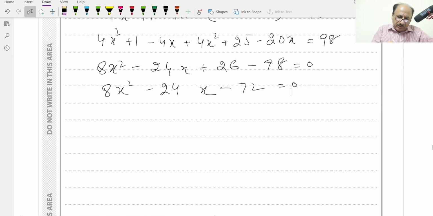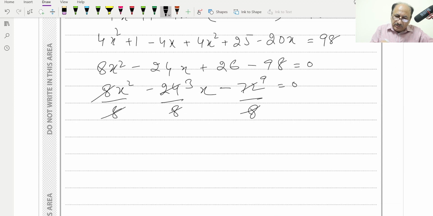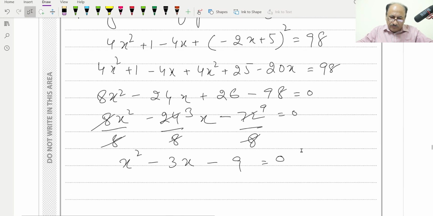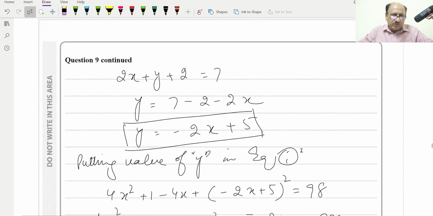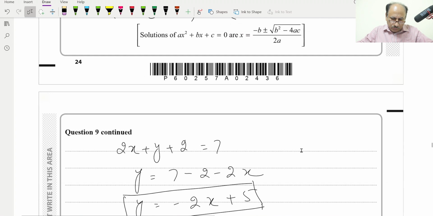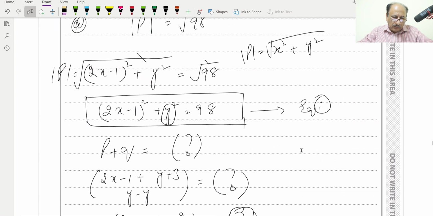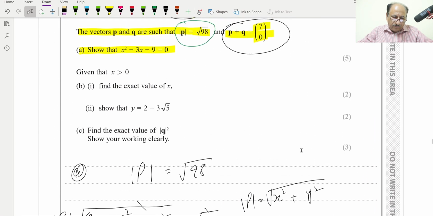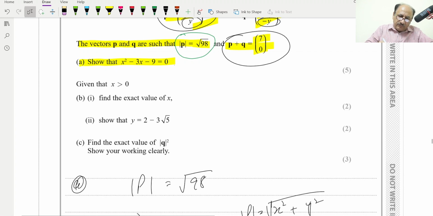We can divide everything by 8. 8 threes are 24 and 8 nines are 72. So the quadratic equation will become x square minus 3x minus 9 is equal to 0, and this is the equation which we were supposed to find. We are done with this equation.